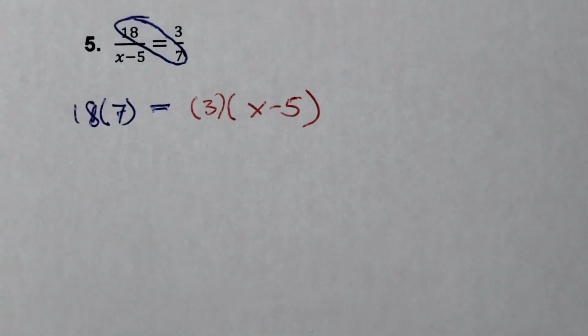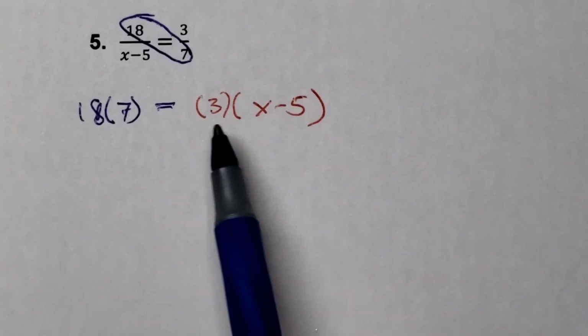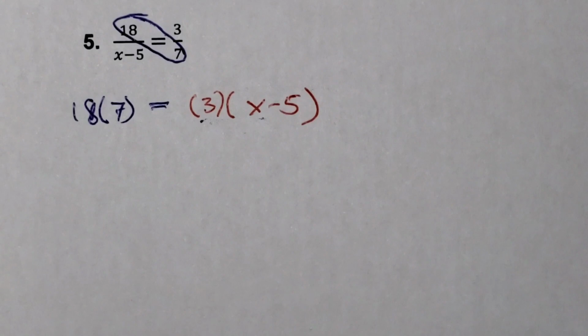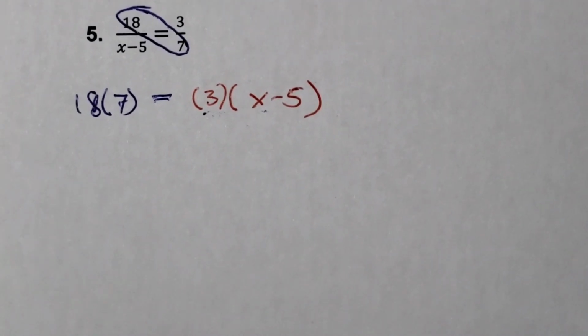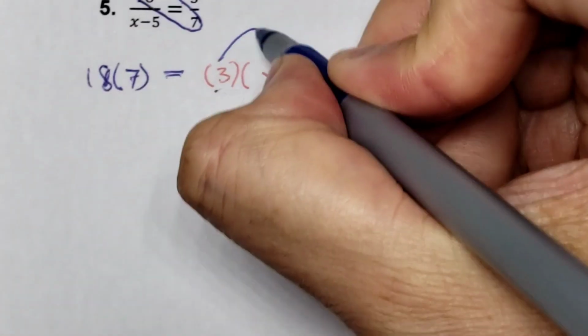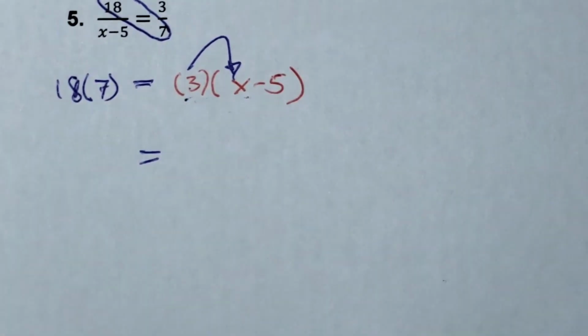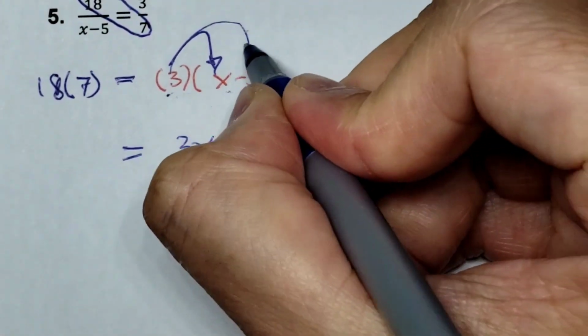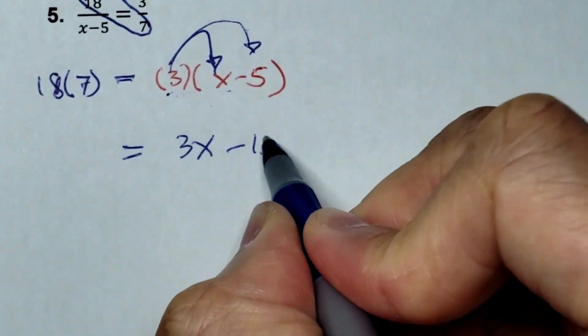Now, knowing about our algebraic expressions, what do we need to do with 3 times x minus 5? It starts with the letter D-I-S-T-R. Distributive property. Exactly. So we apply the distributive property. 3 times x is 3x, and 3 times minus 5 is minus 15.